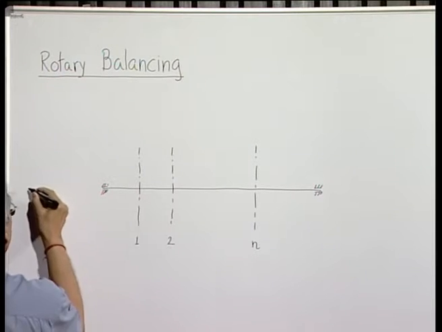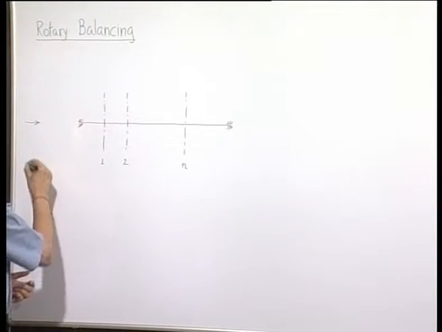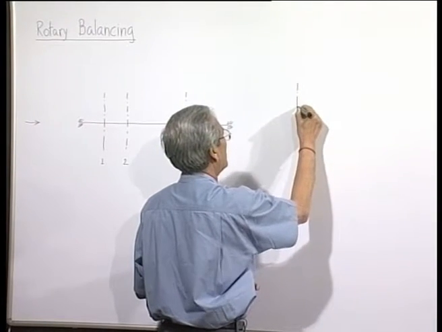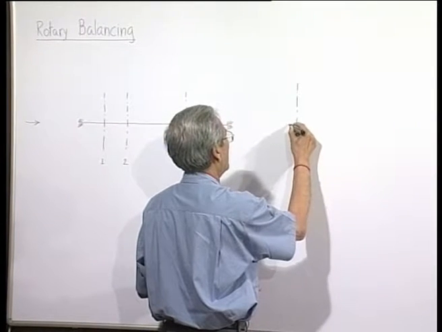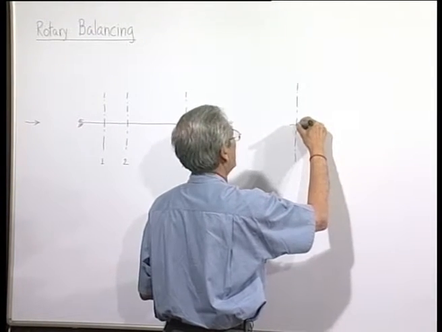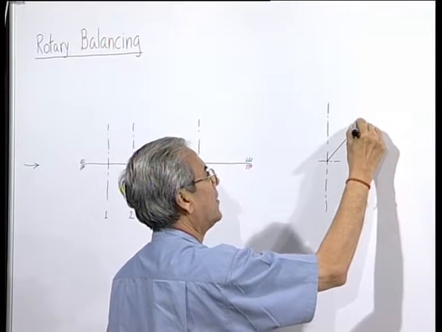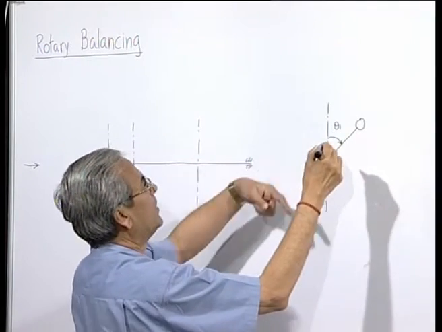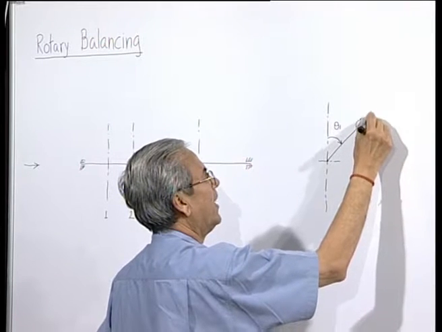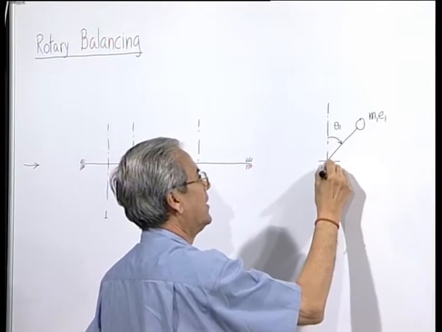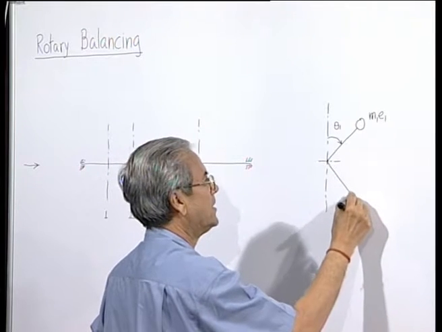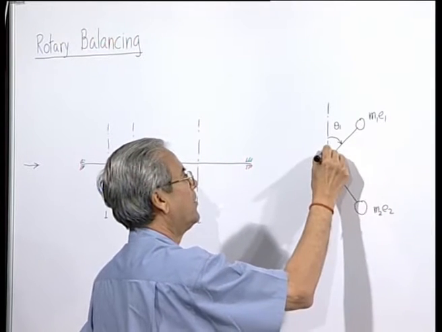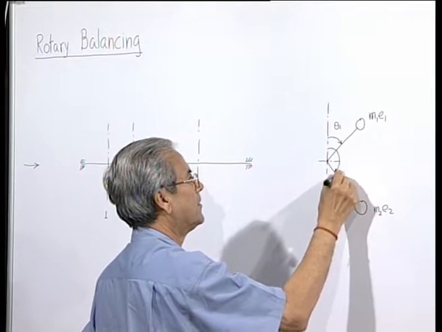When we view from this side, the angular position of these unbalances are, for example, theta 1 from a reference which we can take as the vertical direction, and this is m 1 e 1, say this is m 2 e 2, making an angle theta 2.